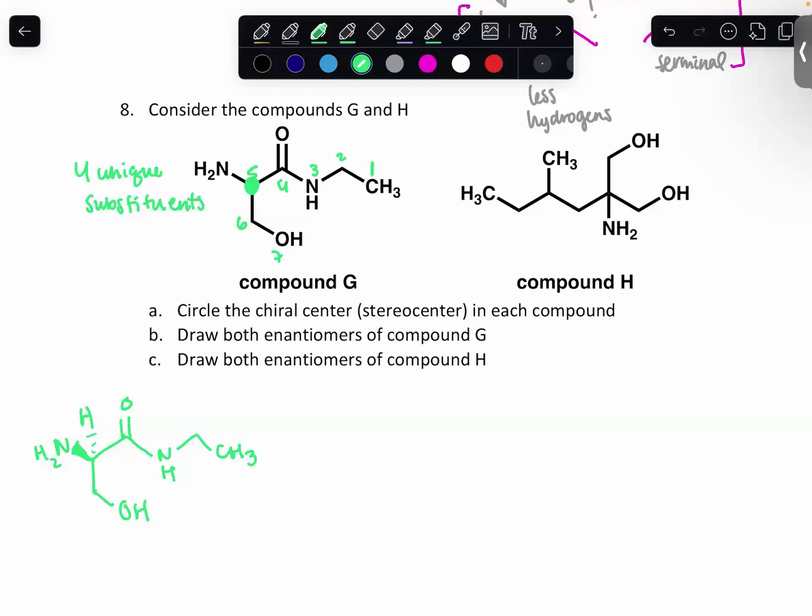How do I draw the mirror image of this, or the enantiomer? Yes, exactly. I'm not picking random places on the chiral center, but I can pick random substituents because we don't know what the actual answer is.